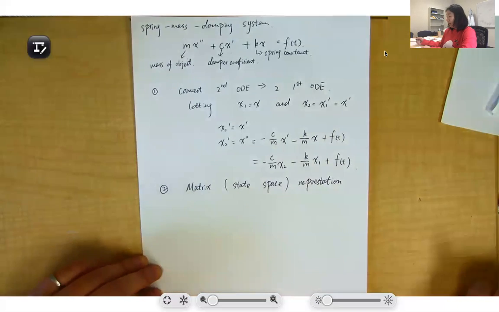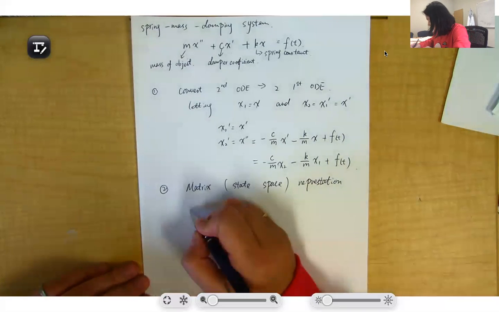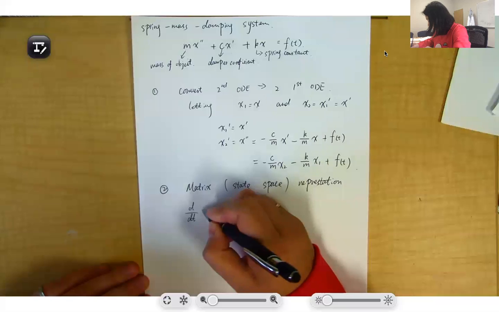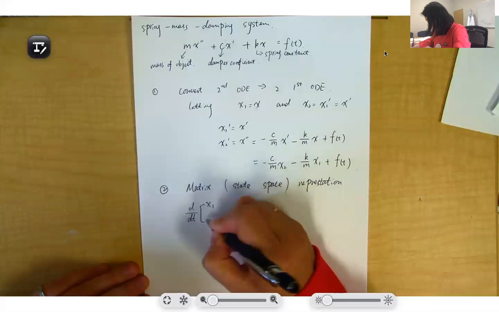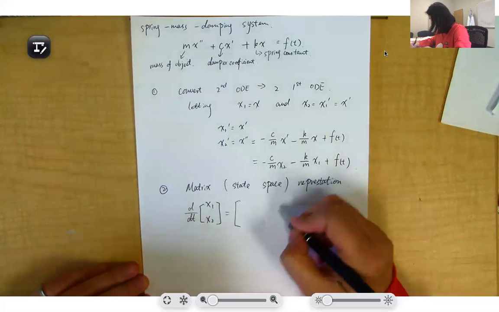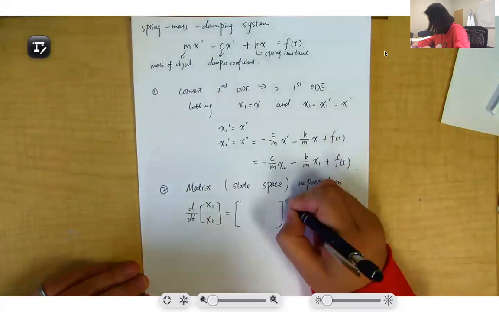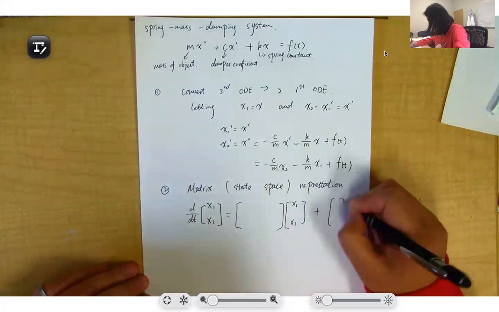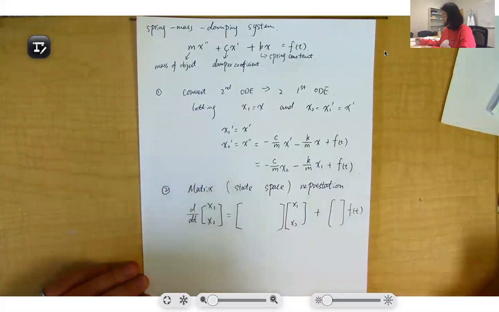Okay, and we can write it as d over dt of x1, x2 equals some coefficient matrix times x1, x2 plus some coefficient of the forcing function.